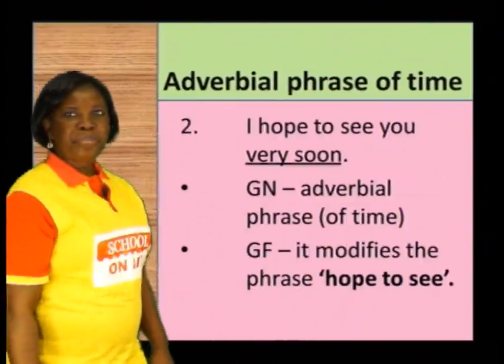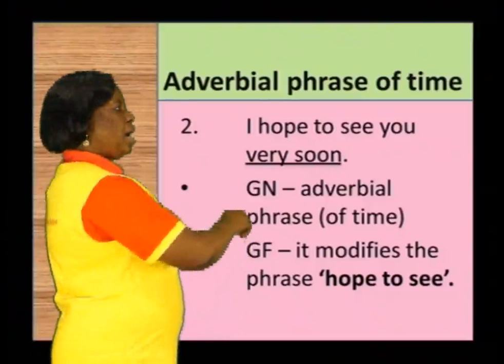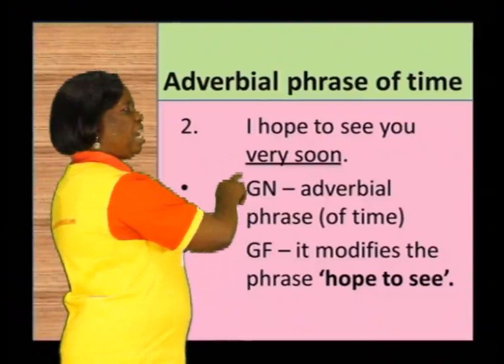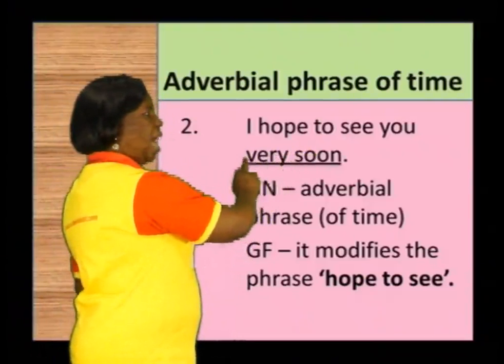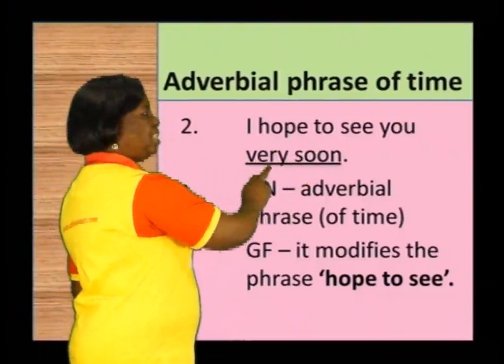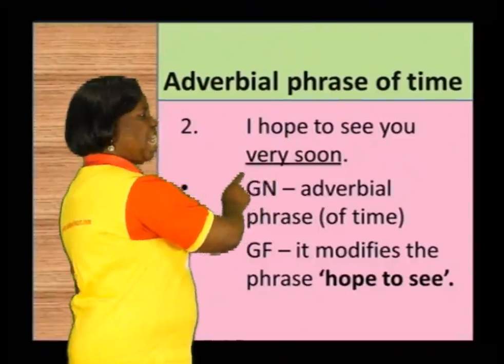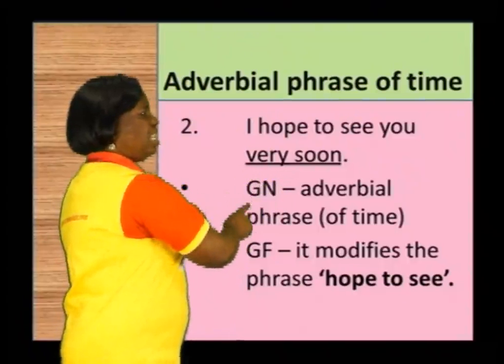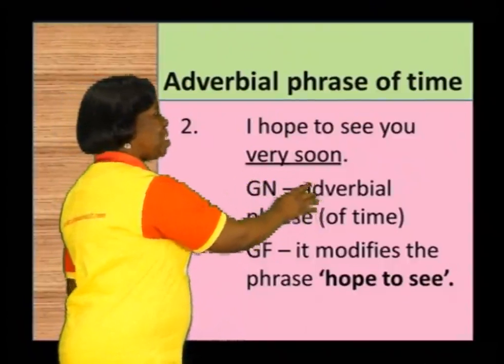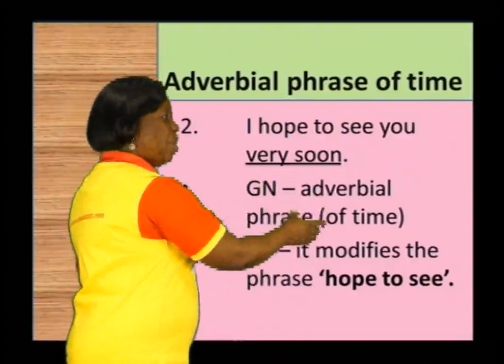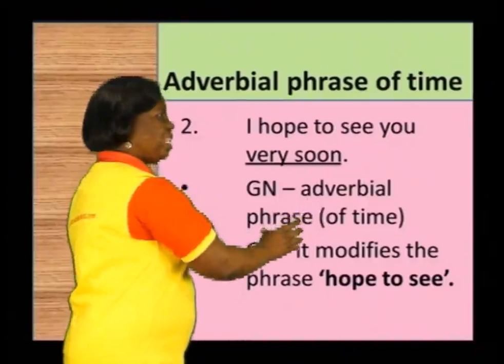Another example, example 2, under adverbial phrase of time. I hope to see you very soon. The underlined expression here is very soon. The GN is adverbial phrase of time. You see the "of time" in brackets. You may put, you may not put. If you know the type, put it.